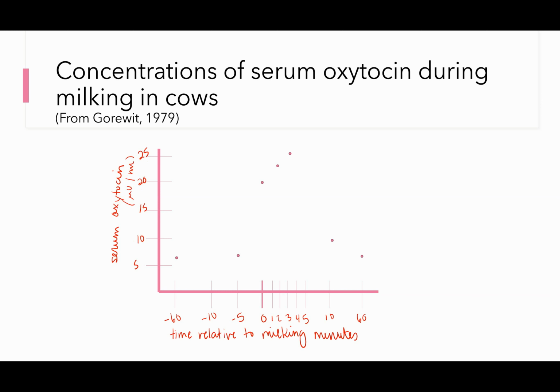Now, one important distinction to show is that oxytocin is very low prior to milking. In this experiment, right around this time, they came in and stimulated the teat just before milking, which occurred at time point 0. After stimulation, up until milking, the oxytocin was released from the hypothalamus via the posterior pituitary and spiked in the blood.